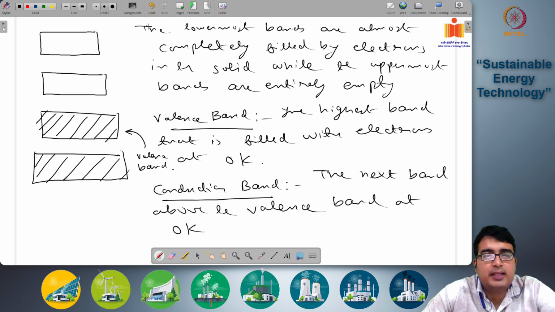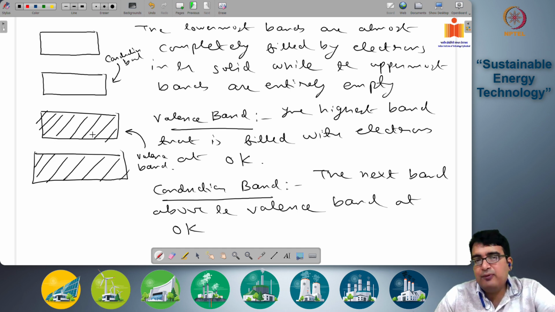So this is our conduction band. The band below, the valence band, is entirely filled with electrons. The band above this is called the conduction band. Now this may or may not be filled with electrons at 0 Kelvin. We will discuss different cases and see how the conduction band looks for different types of materials.